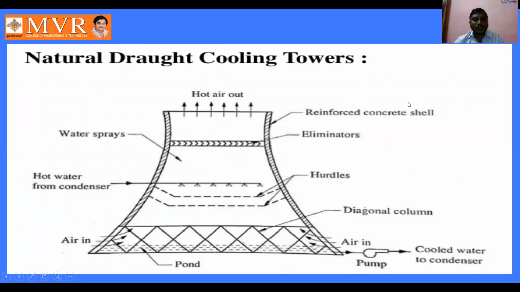See here, the outside air is very cold, and the air inside the cooling tower is at a very high temperature. As there is a difference between the temperatures and pressures of the cooling tower and the atmosphere, the air directly enters into the cooling tower.